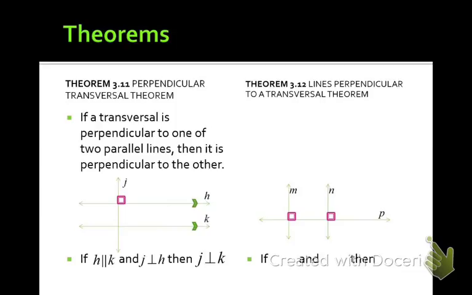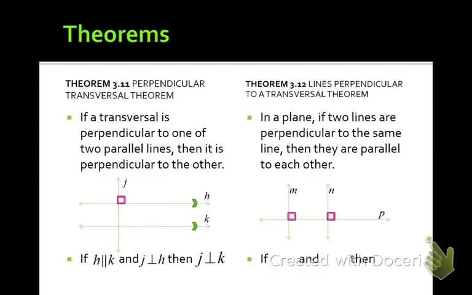Now, sort of working backwards, theorem 3.12, the lines perpendicular to a transversal theorem, says that in a plane, if two lines are perpendicular to the same line, then they have to be parallel to each other. So now, instead of talking about the lines being parallel and knowing that the transversal being perpendicular to one has to be perpendicular to the other, we talk about if line M and line P are perpendicular and line N and line P are perpendicular.